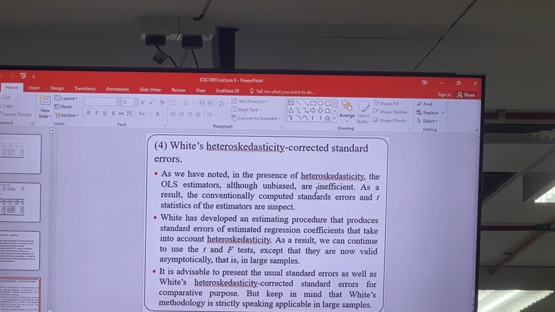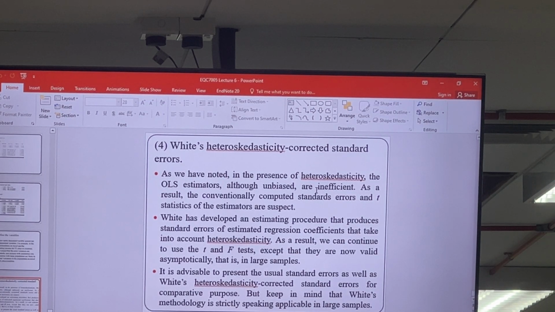As a result, we can continue to use the t and F tests for hypothesis testing, except that they are now valid asymptotically, that is, in large samples. It is advisable to present the usual standard errors as well as the White heteroscedasticity corrected standard errors for comparative purposes, but keep in mind that White's methodology is strictly speaking applicable in large samples.